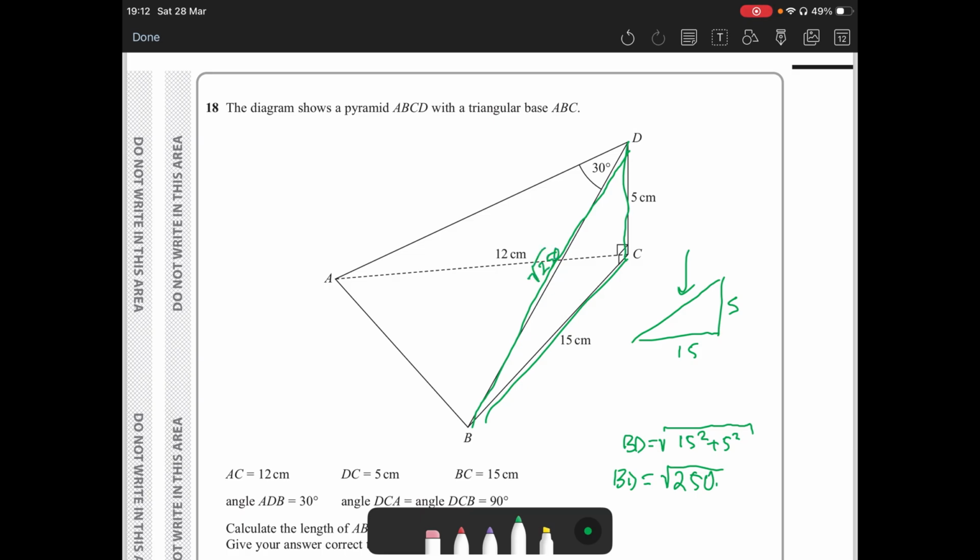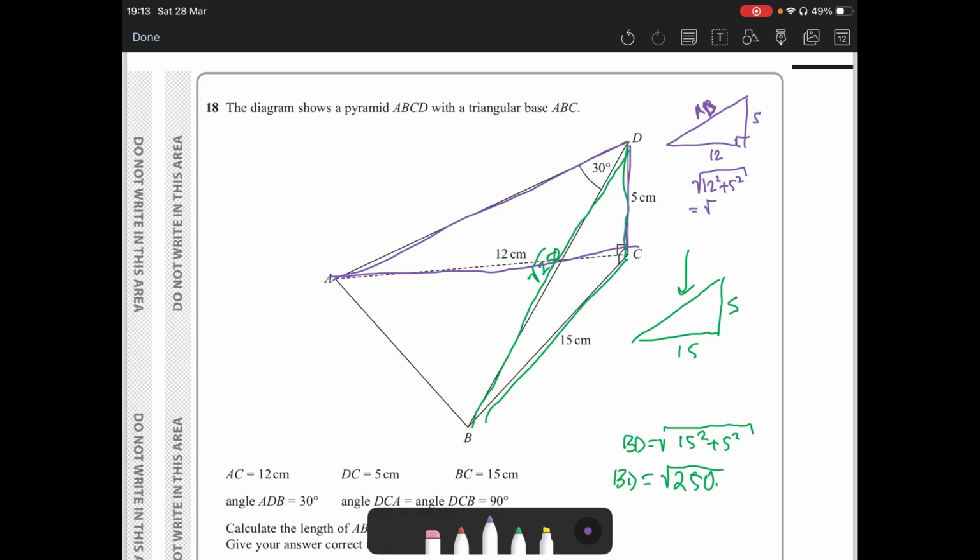Okay, and similarly, again, I'll do this one in purple. This is also a right-angled triangle. Slightly different lengths, but we've got 5 and 12. AD is going to be the square root of 12 squared plus 5 squared.